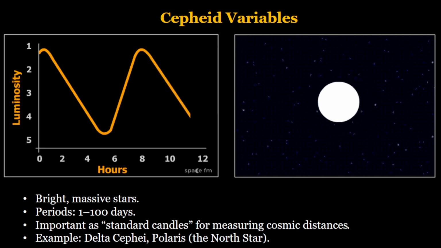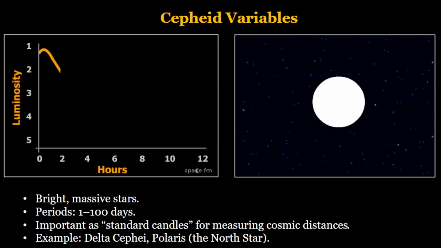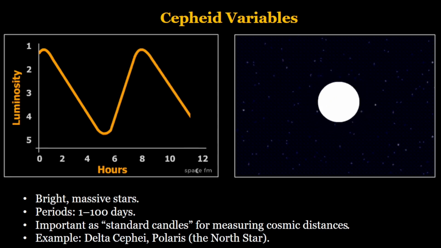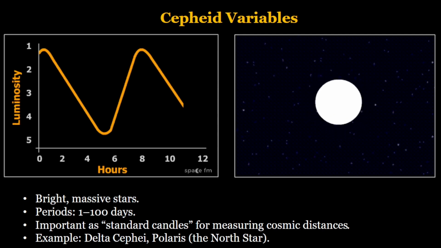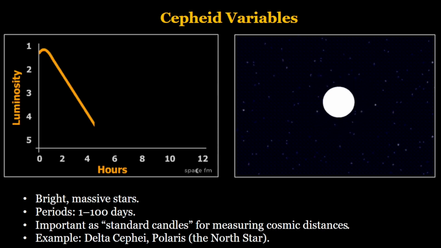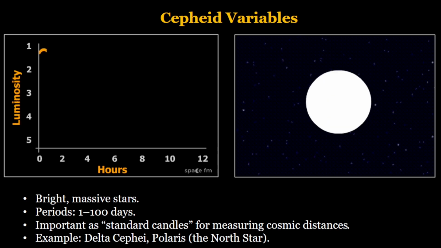Cepheid variables are bright massive stars, and their pulsation period is between 1 to 100 days. One important use of Cepheid variables is that they are used as standard candles. In my next lecture, I'm going to explain what I mean by standard candles. Standard candles are used for measuring cosmic distances.